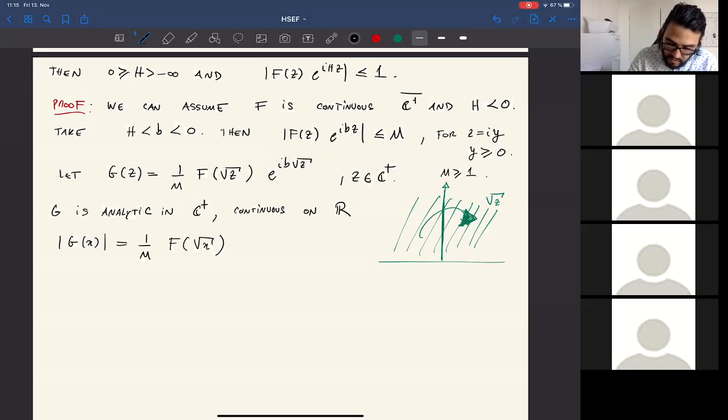So the square root, the way I'm defining it, and I think that's the important point, is that if I do square root of minus 1 here, then what I'm going to get is i, not minus i. So when I do i b at the square root of a negative x, let's say x is real and negative, that's going to be minus b square root of the modulus of x.